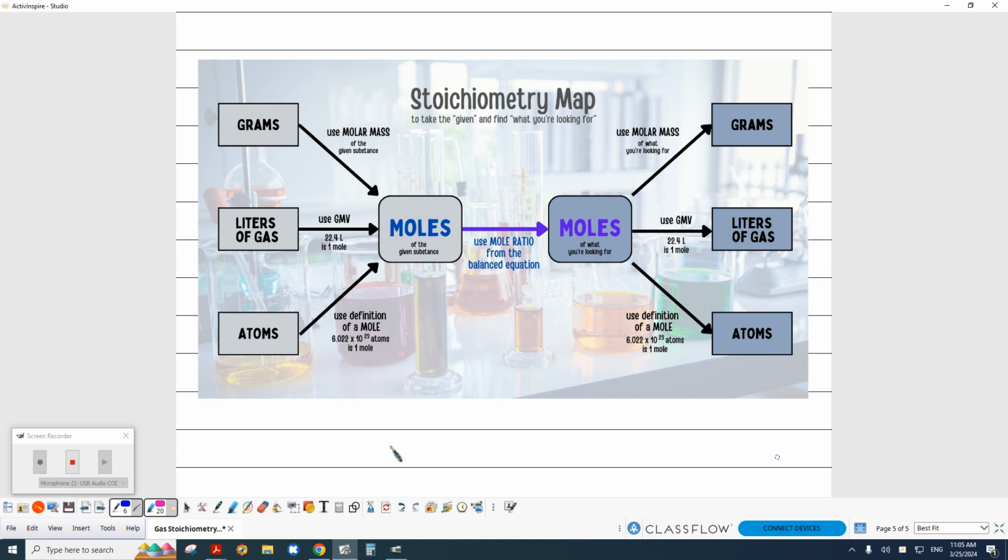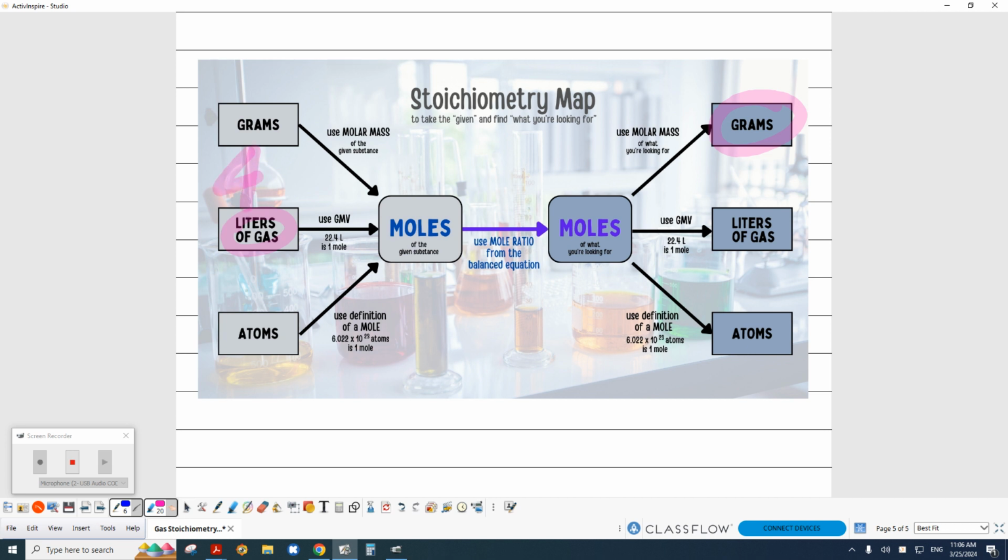Use the map to try to figure out what you are starting with and what you are looking for. For example, in question number 4, we start with liters, and what we're looking for, it says how many grams. And so if we're looking for grams at the end, there's a different series of steps that you use. But the map will continue to help you.